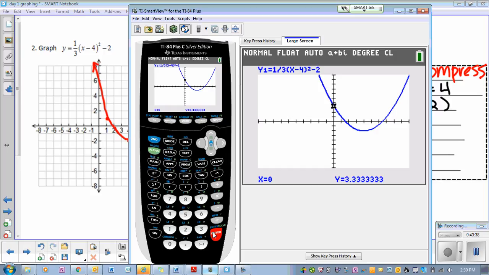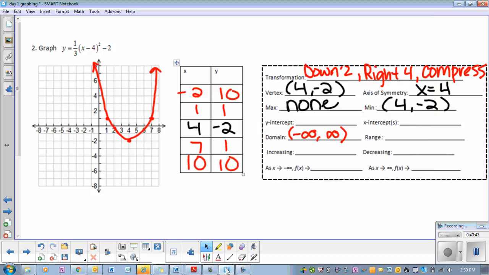And it's repeating. 0, comma, 3.33 repeating. It doesn't matter, you can just put 3.33, it's fine. Okay, that means that my graph is a little bit off.